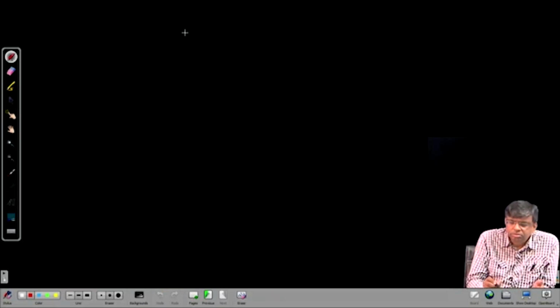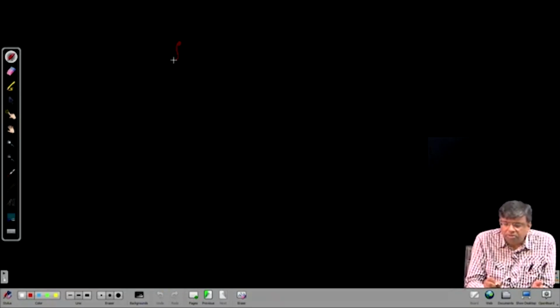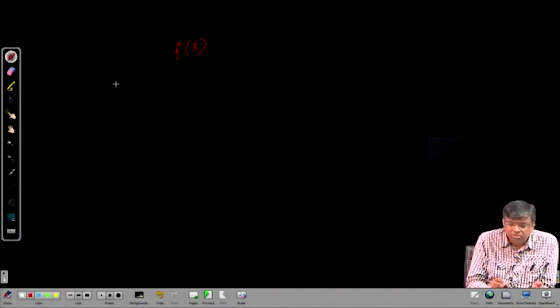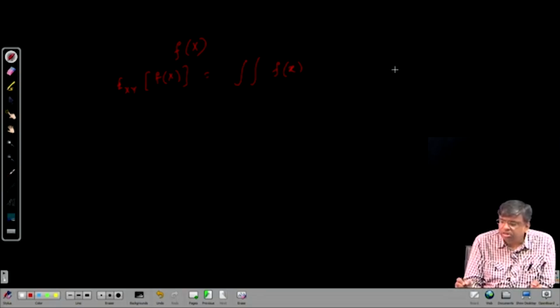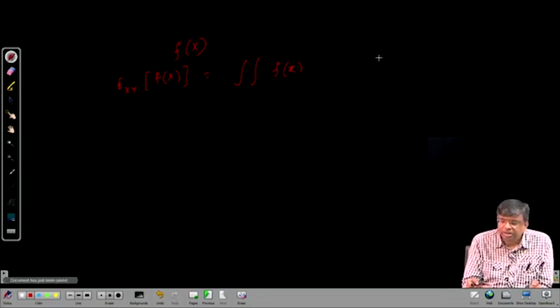Suppose we are given a function f of x. Okay, it has only one variable, but I want to find out E x y of f of x. In general, any function whether x or y of f, if I am taking E x y, it is nothing but take the double integral of the function small x within integration, because it is a integration variable.